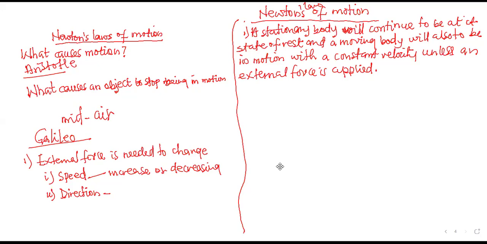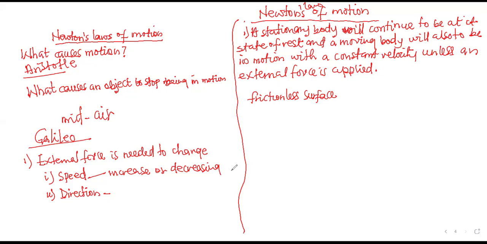Please, the second part of Newton's first law of motion, the part which has to do with a body moving with a constant velocity, is only applicable to frictionless surfaces, on surfaces where there isn't friction.